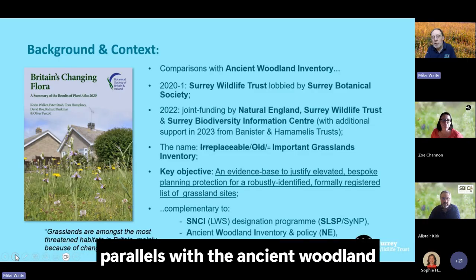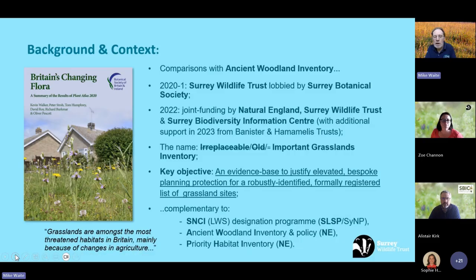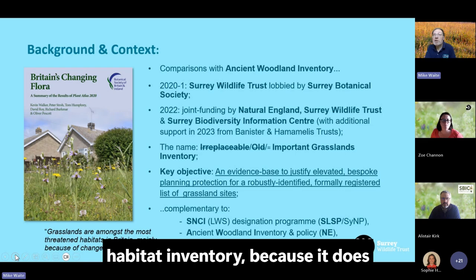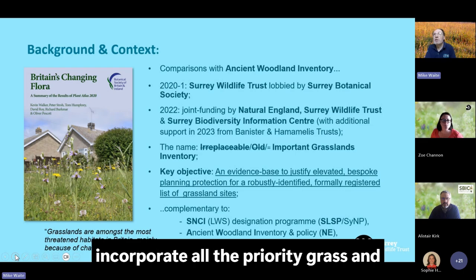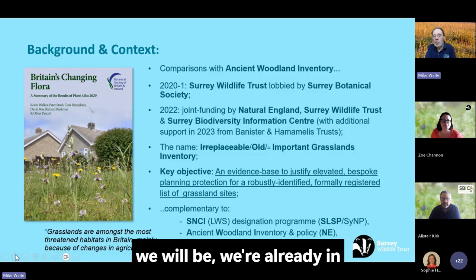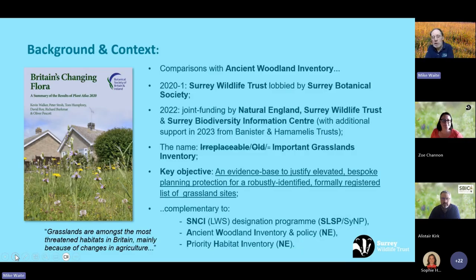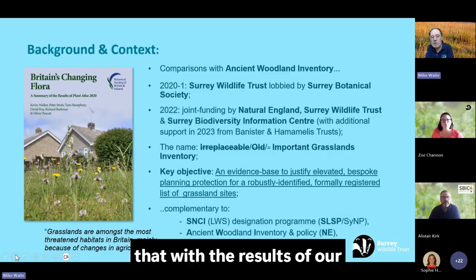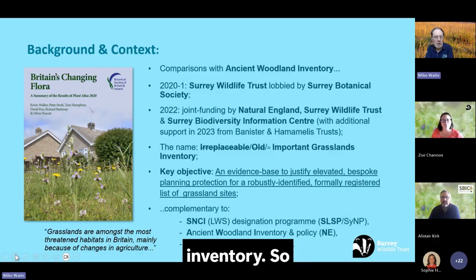It has parallels with the ancient woodland inventory, we've already mentioned that, and Natural England's priority habitat inventory, because it does incorporate all the priority grassland habitats. We're already in consultation with Natural England, and we will be formally updating that with the results of our inventory.